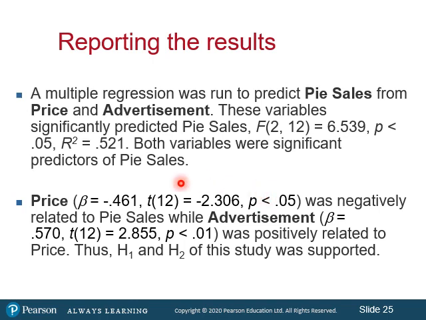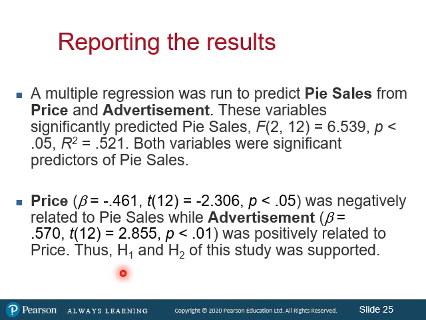And the second part here, we are looking at individual variables. So price, beta value negative 461, t with 12 degrees of freedom equals negative 2.306, p less than 0.05, was negatively related to pie sales, while advertisement, beta equals 0.570, t with 12 degrees of freedom 2.885, p less than 0.01, was positively related to pie sales.